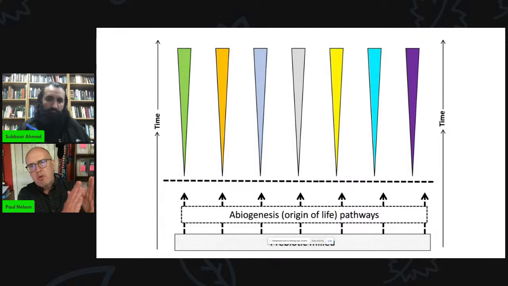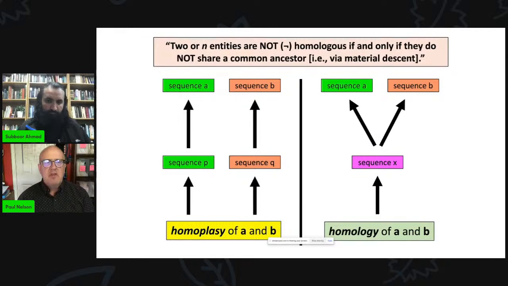Move that probability away from zero and over towards one, where it's deterministic or quasi-deterministic, more likely than not to happen. Multiple independent lineages become a live possibility. And under that circumstance, one's definition of homology has got to change, because there is no shared material descent as these lineages cross the threshold from the prebiotic state to the living state.